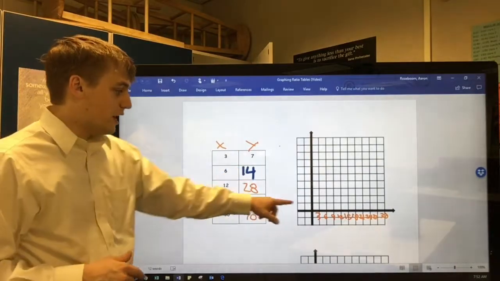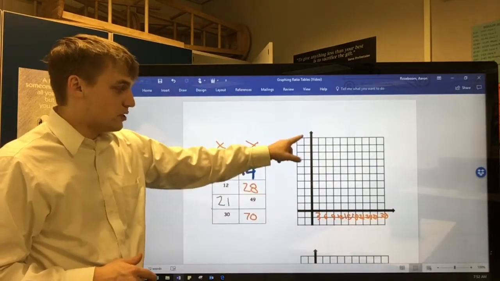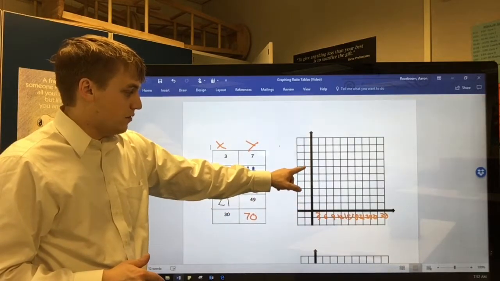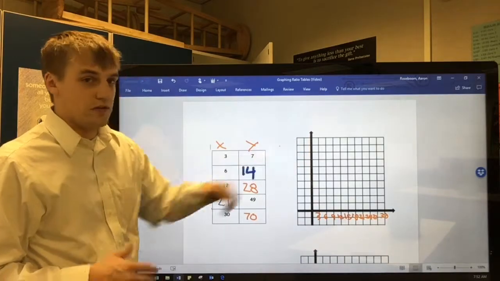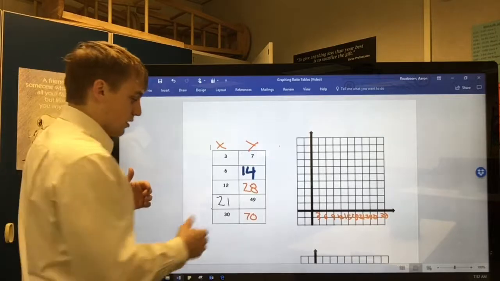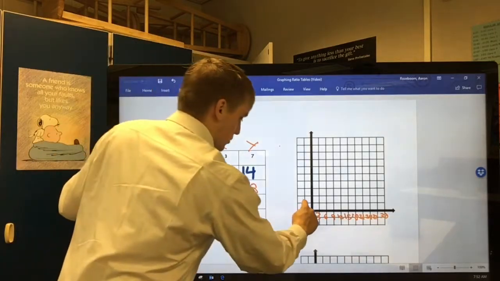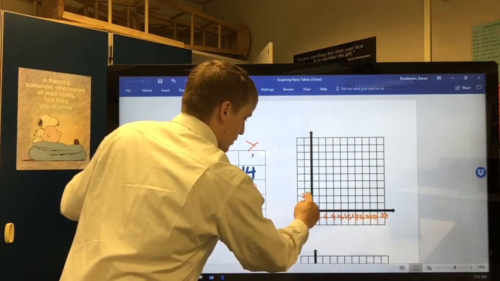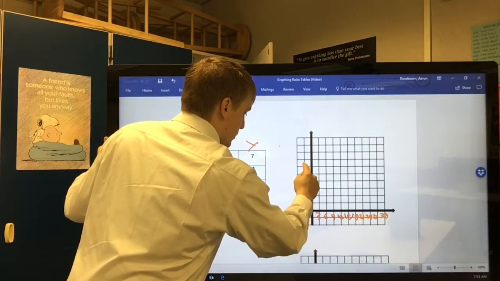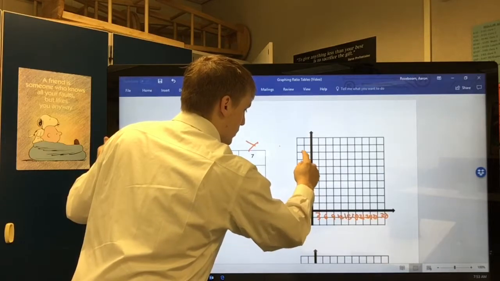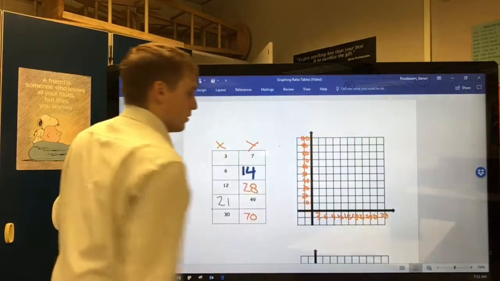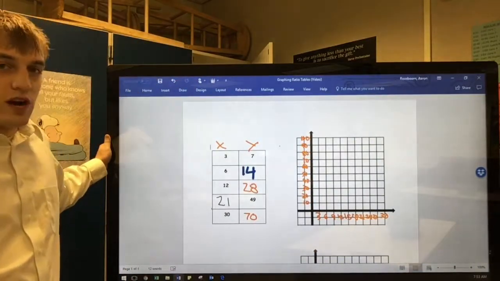Well, if I go by 5s, there's 10 spots here: 5, 10, 15, 20, 25, 30, 35, 40, 45, 50. 5 doesn't get there. So then I'm just going to go by 10s, because it's not over 100: 10, 20, 30, 40, 50, 60, 70, 80, 90, 100. Now I'm going to graph it.